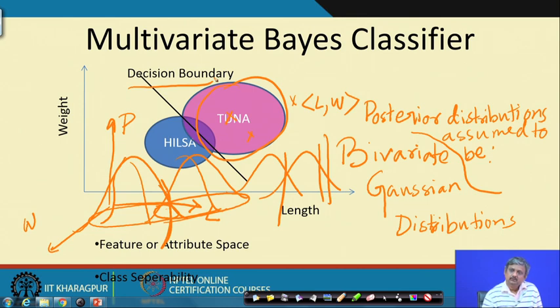What we will work out is, if I know the parameters of these class conditional and posterior distributions and assume them to be Gaussian or normal distributions, how do these decision boundaries look? What type of curve are they?